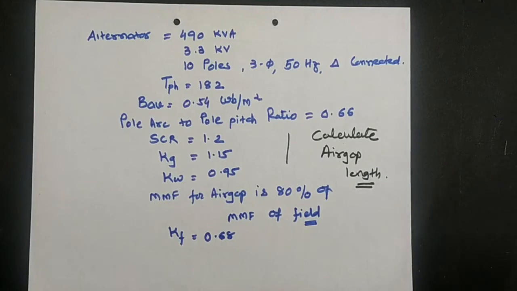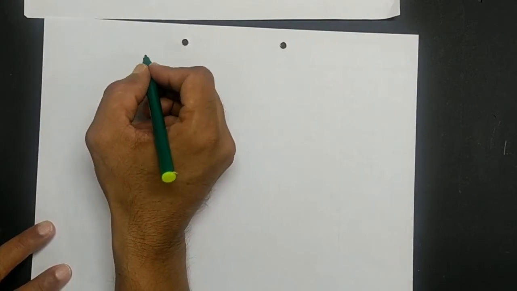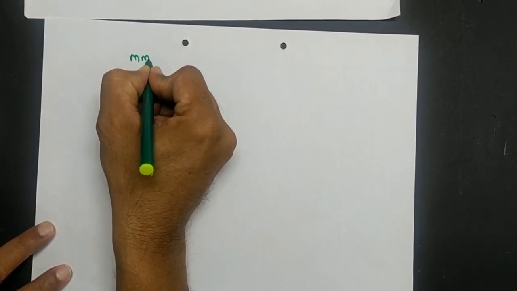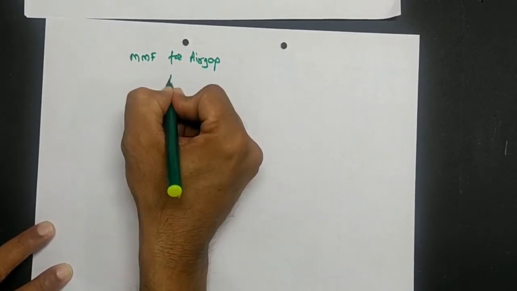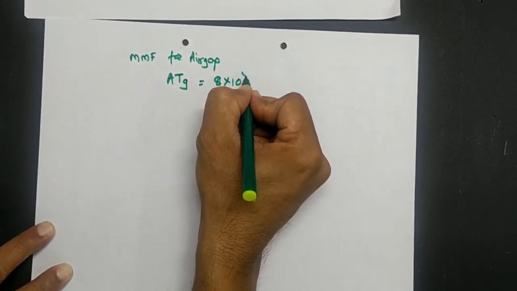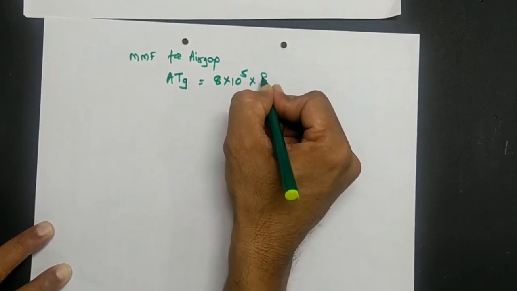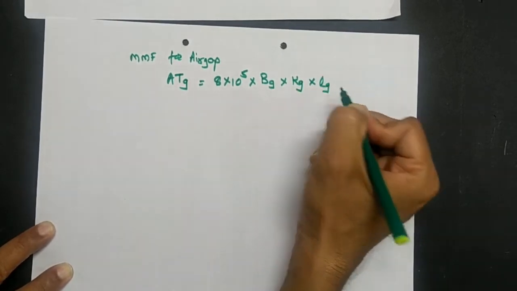Before we start our calculation, let us take one equation and then find certain parameters accordingly. For the air gap, the MMF for air gap, that is ampere turns for the gap, we have a very well known equation: 8 multiplied by 10 raised to 5 multiplied by Bg multiplied by Kg multiplied by Lg.